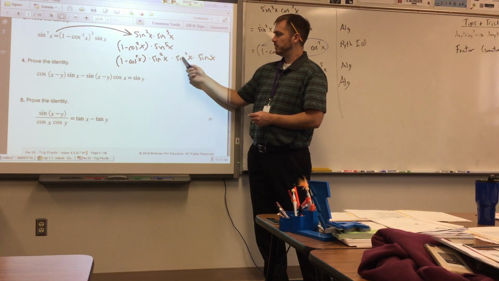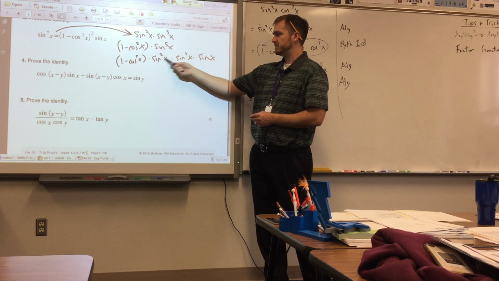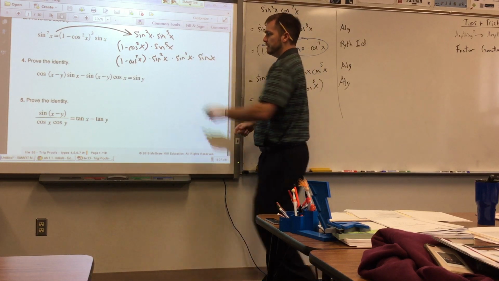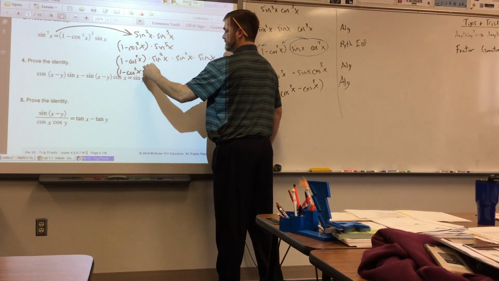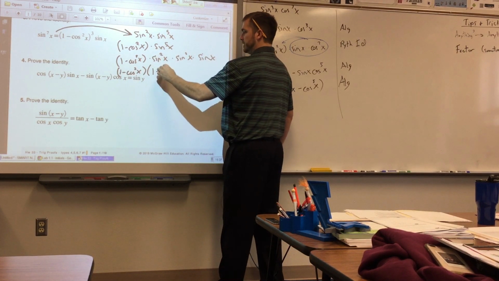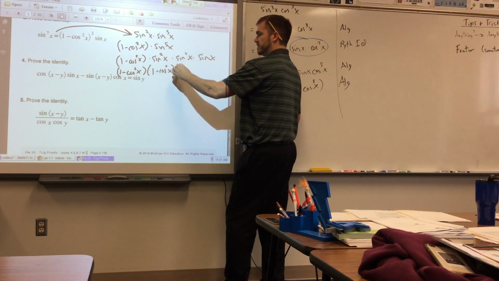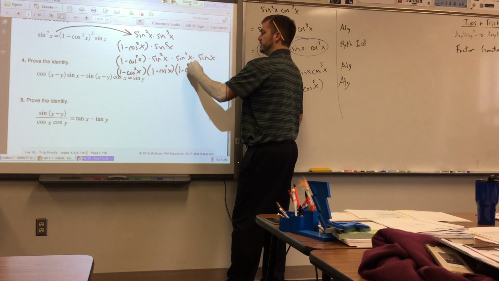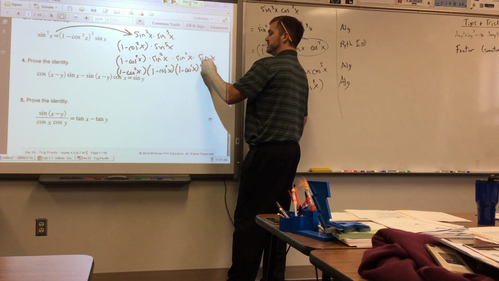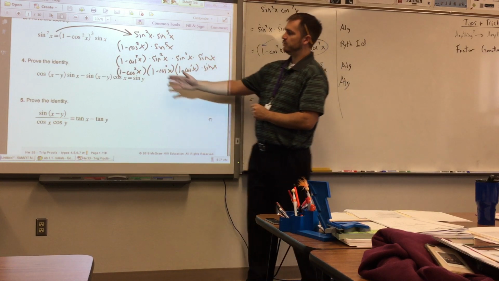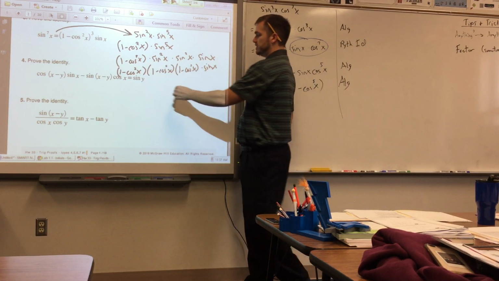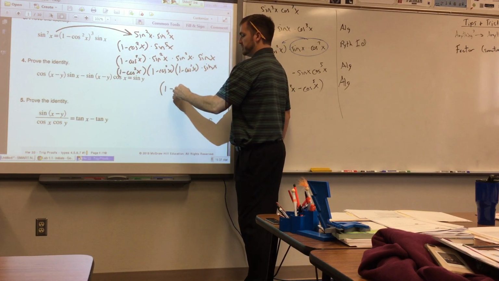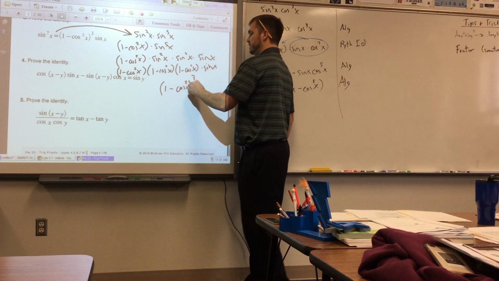Because anytime you're multiplying things together, if they have the same base, the exponents add. The advantage here is sine squared can be turned into 1 minus cosine squared. Sine squared can be turned into 1 minus cosine squared. And the sine x stays. And then notice I have 1 minus cosine squared, 1 minus cosine squared, 1 minus cosine squared. And so that would be 1 minus cosine squared x cubed.